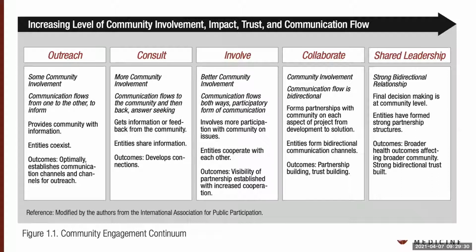We measure things like trust, partnership building, and impact in the community at large at these later stages. This is a challenge in our current biomedical model of research to implement this given funding structures and other ways in which academic institutions work, but incredibly fruitful when it comes to impacting community health.